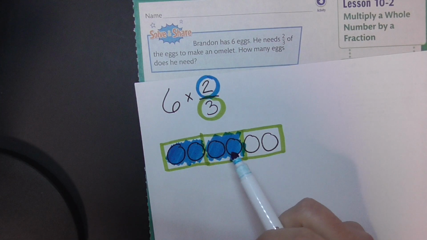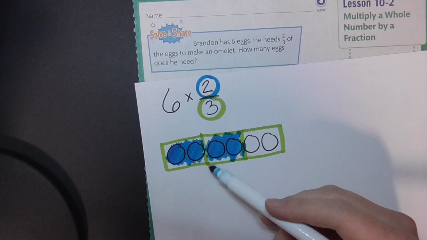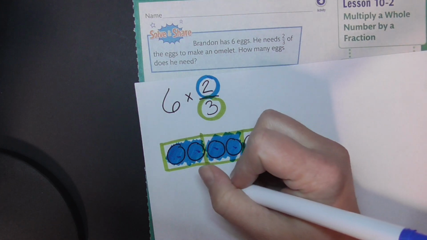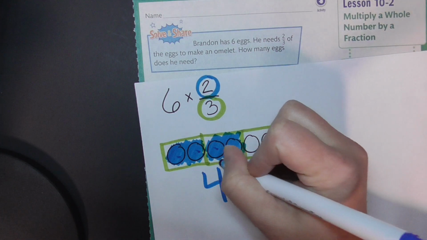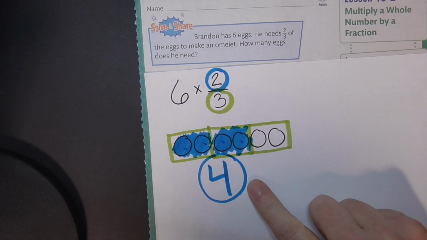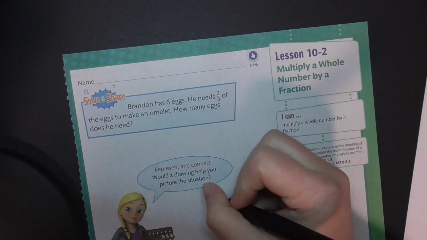And in those 2 colored sections, in my 2/3 of 6, I have 1, 2, 3, 4 parts, 4 whole parts that are colored in. So 2/3 of 6, or 6 times 2/3, is 4. So Brandon will use 4 eggs.